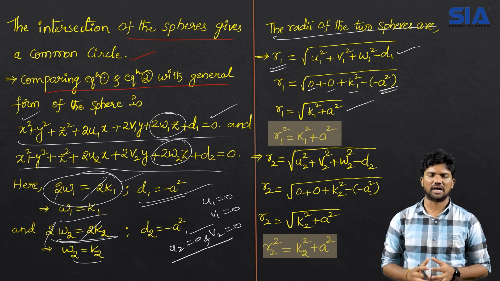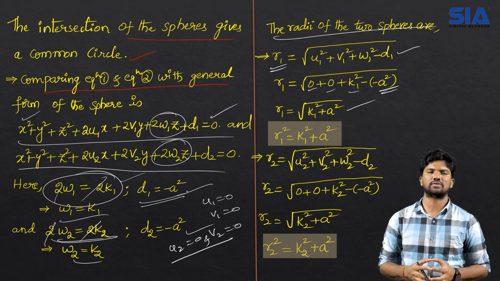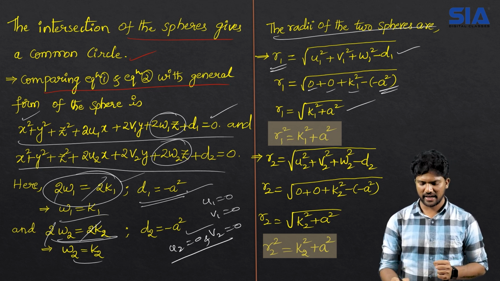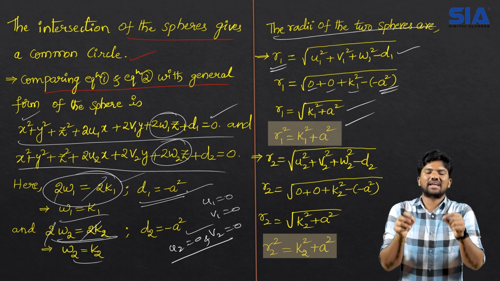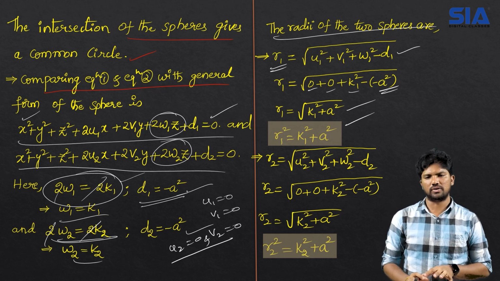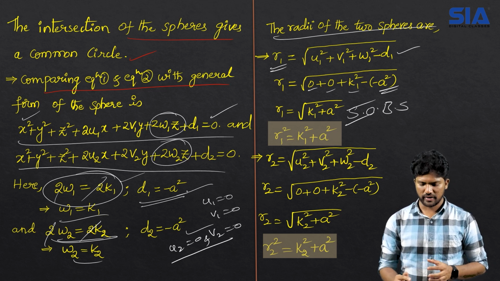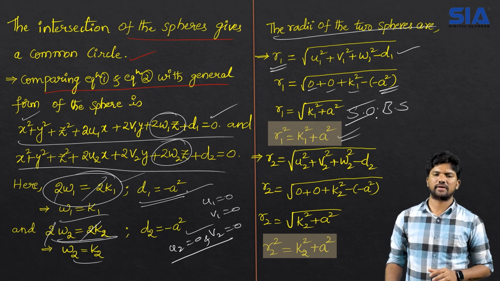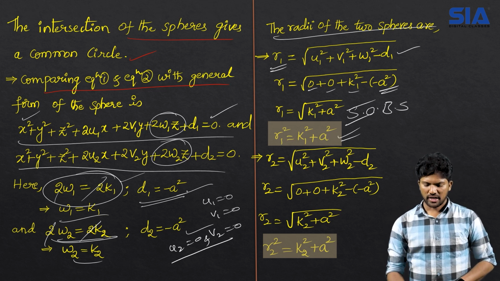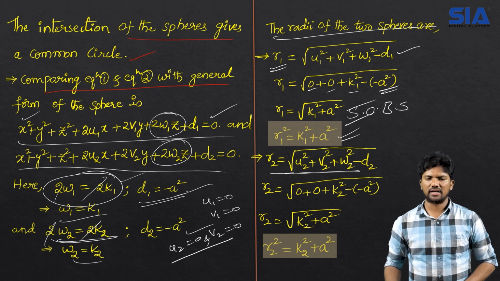So the first radius of the sphere is equal to the square root of k1 square plus a square. I need the r1 square value, so squaring on both sides, the square root gets cancelled on the right-hand side, and r1 square is equal to k1 square plus a square.